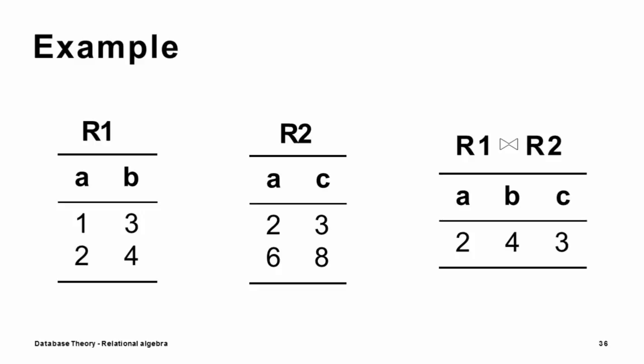If you look at R1 and the second row that has the attribute A and the value 2, and then you look at the relation R2 and its attribute A on the first row, that is also 2. Same name, same value, then they are a part of a natural selection. So that's the natural selection. You just have a look at same name, same value. So it's 2, 4, and 3.